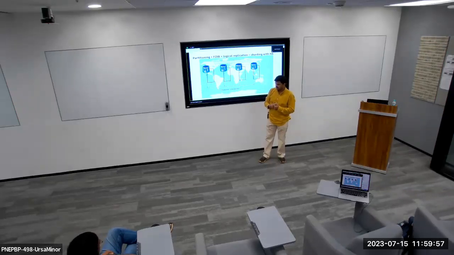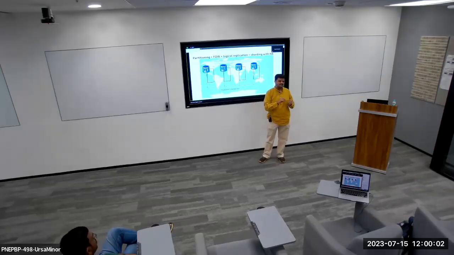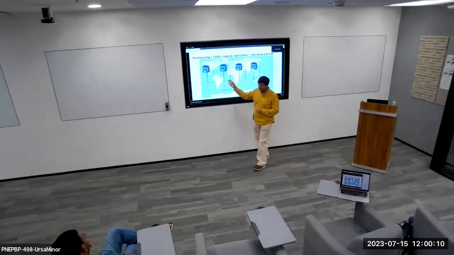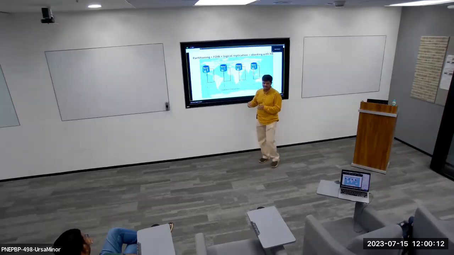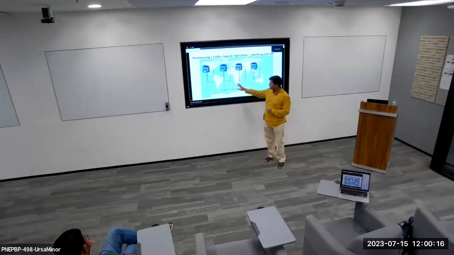Yet there are systems where even that latency is lesser than the data processing time. So even in those systems, we have seen that it's a win-win situation. Of course, this is being built.